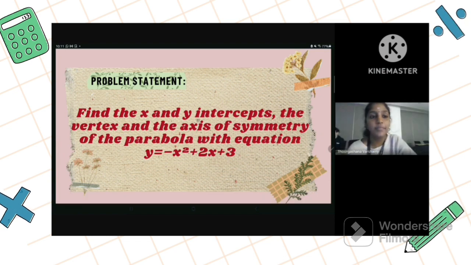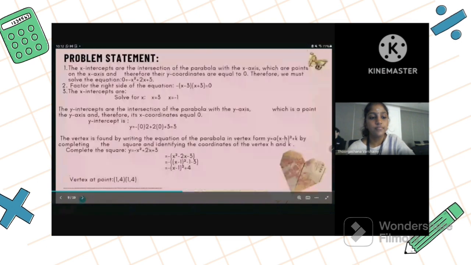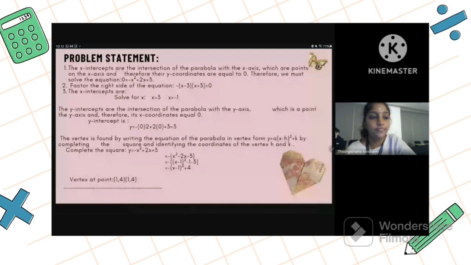This is an example problem statement. Find the x and y intercepts, the vertex and the axis of symmetry of the parabola with equation y equals negative x squared plus 2x plus 3. And this is how you solve the problem.